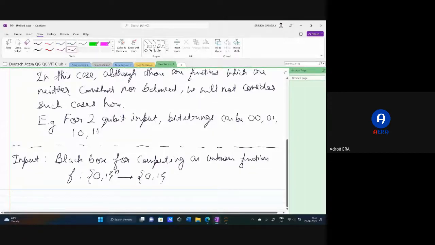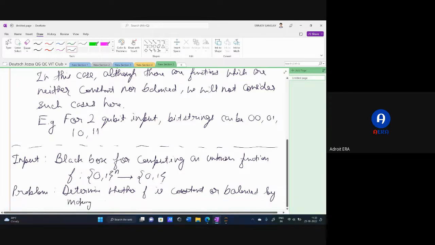Now again, same problem. We try to find out whether f is constant or balanced by making queries to f.